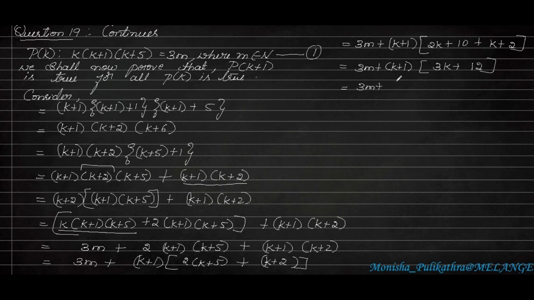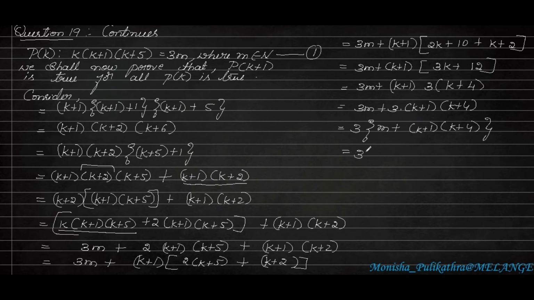Here 3 is common because 12 is divided by 3. If I take 3 common, the remaining will be k and 3 4s are 12. So we got 3m plus 3 into k plus 1 and k plus 4. Now 3 is common here. If I take 3 common, the remaining will be m plus k plus 1 into k plus 4.